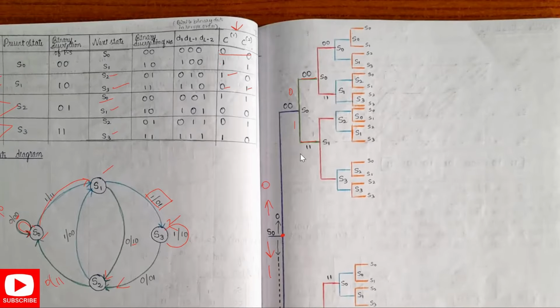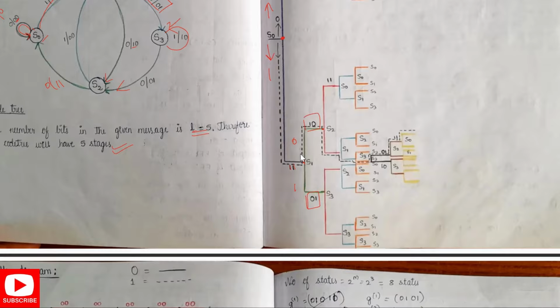Next, we move to the second stage. Here again S0 on 0 goes to S0 only, so this branch gets repeated, and the down branch gets repeated too, with S1, S2 and S3. Finally we get S0, S1, S2, S3 in the upper part as well as in the lower part.